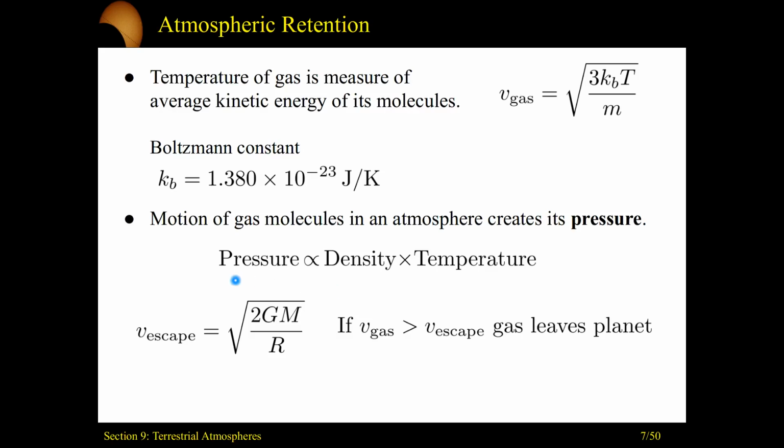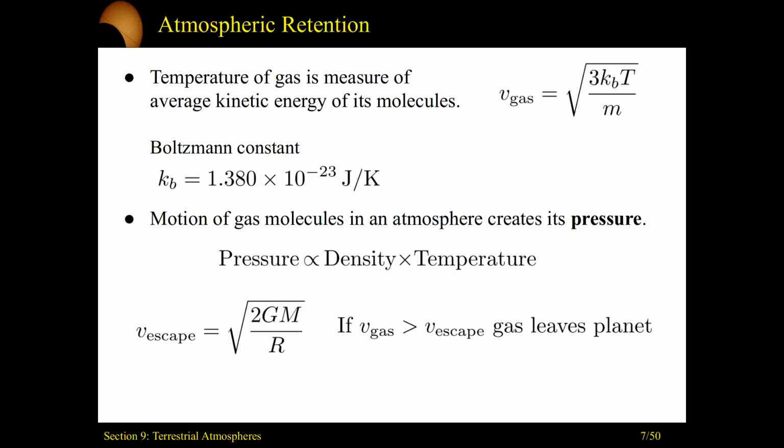And remember, all the way back to section 4, we said that whenever you are an object orbiting a gravitational body, there is a corresponding escape speed, the amount of speed you need to move at in order to break free of the gravitational pull of that planet. It was just the square root of 2 times the universal gravitational constant, times the mass of the planet that you are bound to, divided by the radius, how far away from the center of that planet you are.